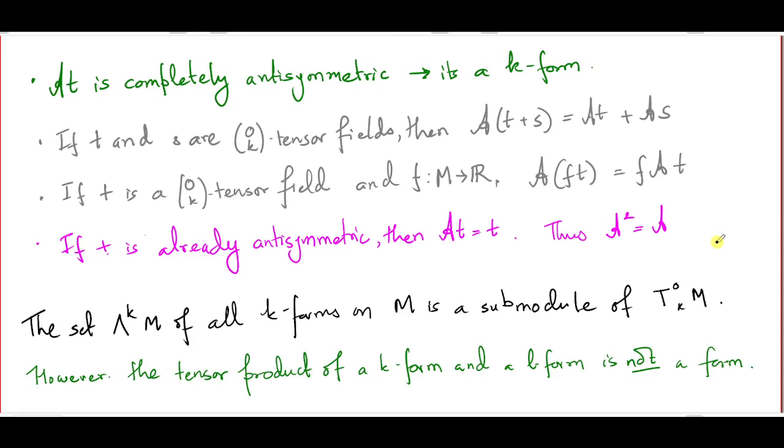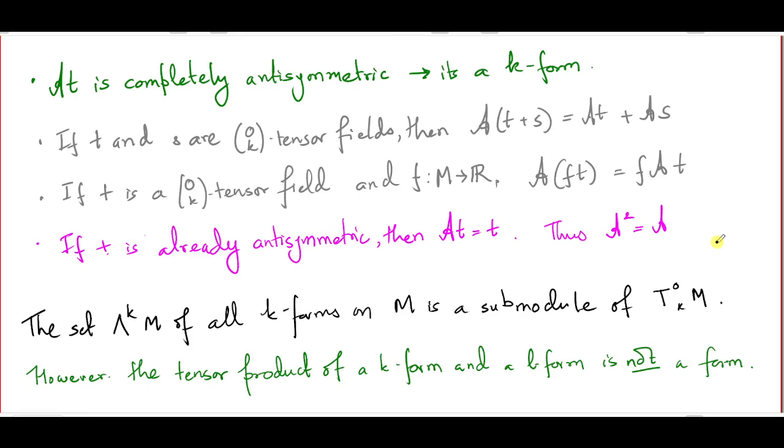But what is important is that if you take a k-form and say an l-form and form the tensor product, you do get a (0,k+l) tensor, but that is not a form because there is no guarantee that that's going to be antisymmetric. Remember, in this case, what you're going to end up with is a (0,k+l) tensor. That means that it will require k plus l vector fields as arguments.